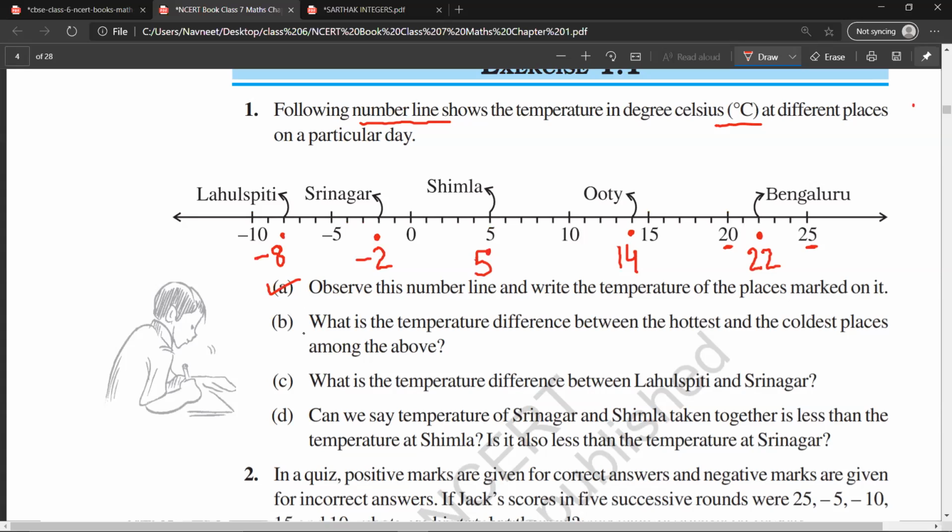That was part A. Part B is, what is the temperature difference between the hottest and the coldest places? So what is the hottest place? Bangalore. What temperature is Bangalore? 22 degrees. And what is the coldest? -8. What would be the difference?